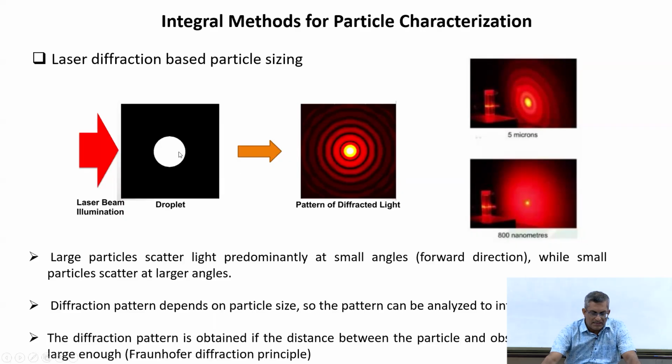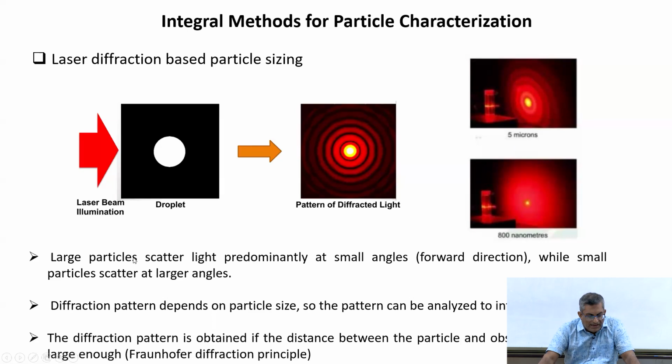Here, as you can see, we do not have an aperture, we have particles rather, but that also causes diffraction. What is interesting here is that if you image this spherical droplet, it creates a diffraction pattern like this, which is basically an interference pattern. It also depends on the size of the particle. Here you see this is for an 800 nanometer particle, and this is for a 5 micron particle.